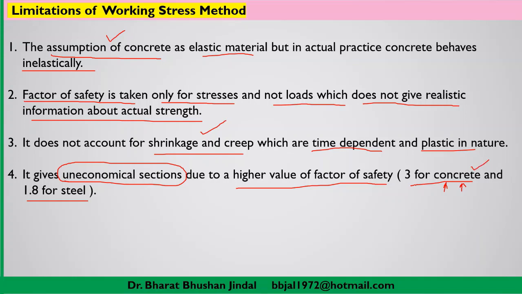If, suppose, M30 grade of concrete is there, then the strength of concrete will be 30 MPa, but by dividing by the factor of safety 3, we are considering that concrete of 30 MPa has a strength of only 10 MPa. So we have to use more quantity of concrete as well as more quantity of steel. Due to that, it gives us an uneconomical section.